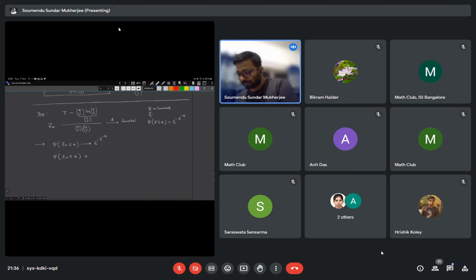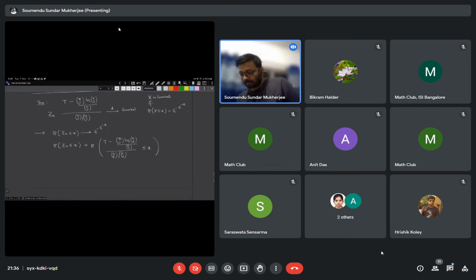So what is this? This is the probability that T minus the mean, which is n to this log n to this over r to this, is less than or equal to x.